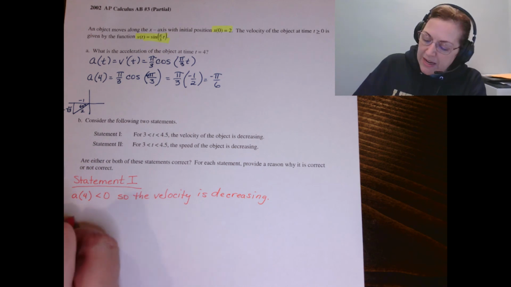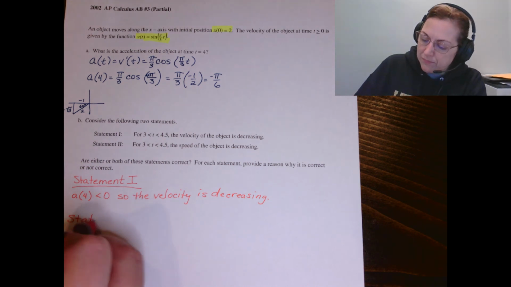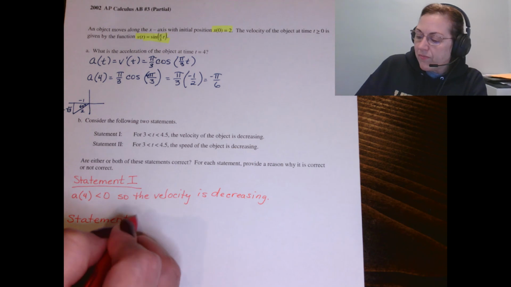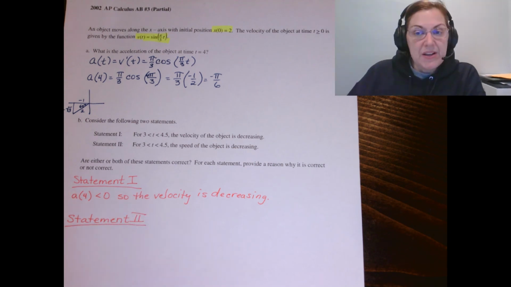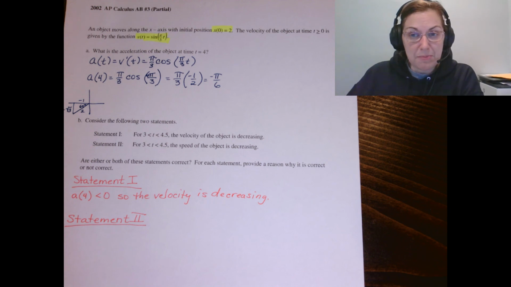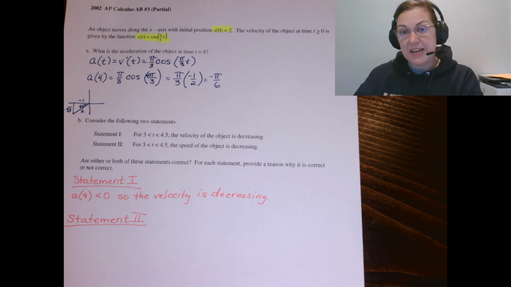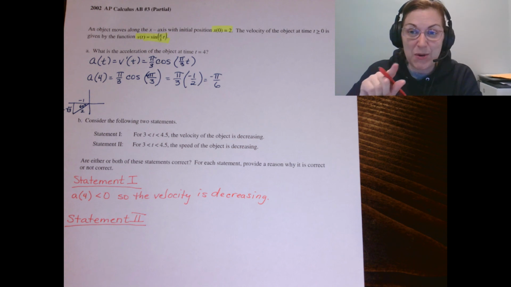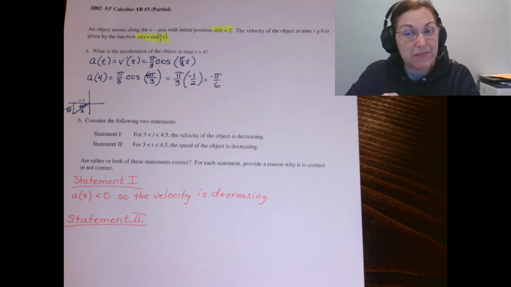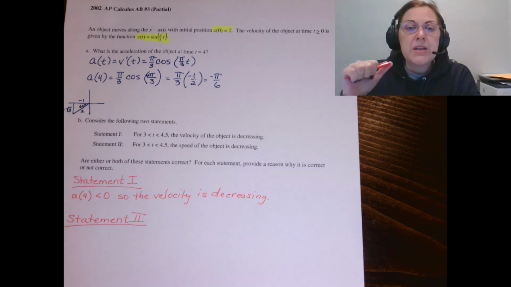Okay, now statement 2. Remember from our 5 commandments of particle motion that the speed is decreasing when velocity and acceleration have different signs. Oh, by the way, if you have not seen my video on the 5 commandments of particle motion, you definitely want to do it. It's one not to miss. This makes it super simple.